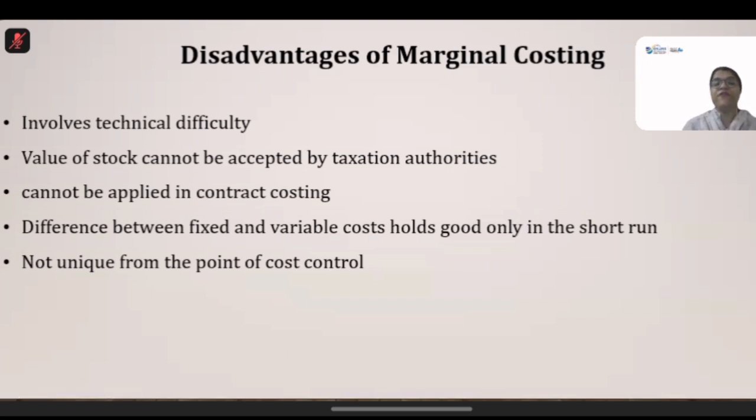Difference between fixed and variable cost hold good only in the short run. Now, marginal costing, students, operates on the assumption that fixed costs remain constant. हमारा ये assumption है, okay? There is no such hard and fast rule. Variable cost fluctuates. But ये assumption कब true होगा?